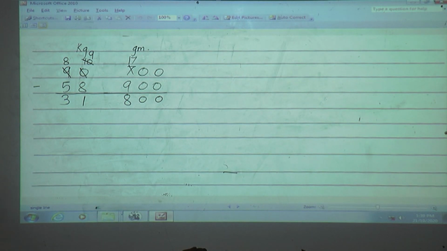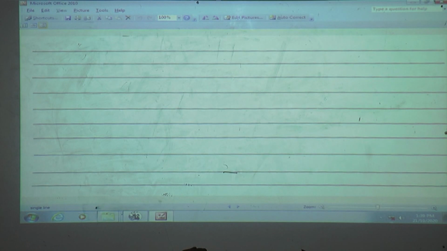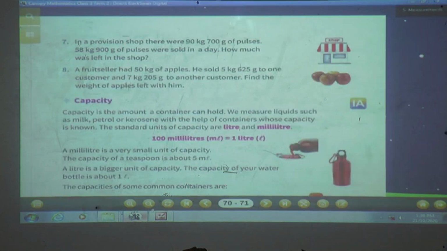See the last question. Read the question. A fruit seller had 50 kg of apples. He sold 5 kg 625 gram to one customer and 7 kg 205 gram to another customer. Find the weight of apples left with him.